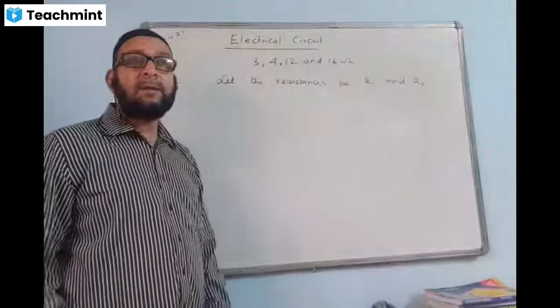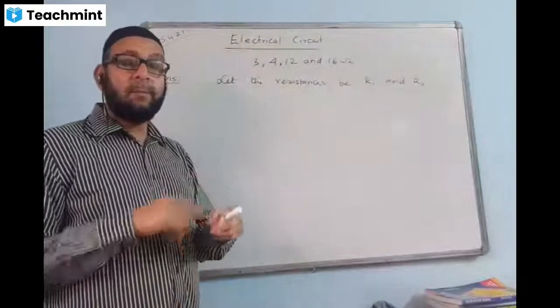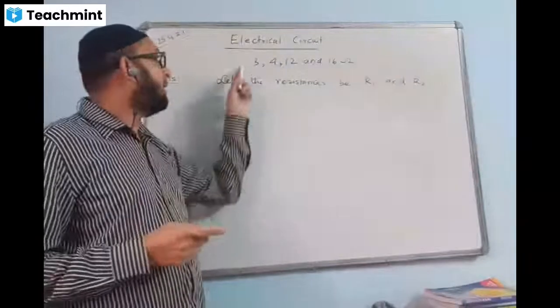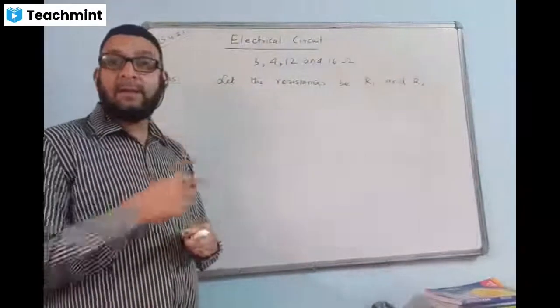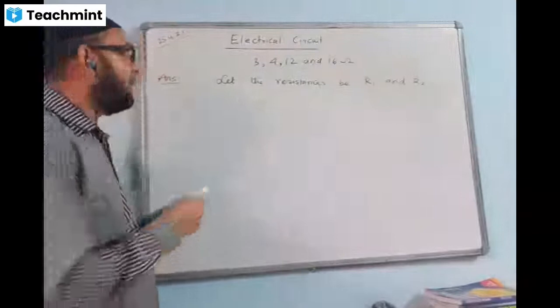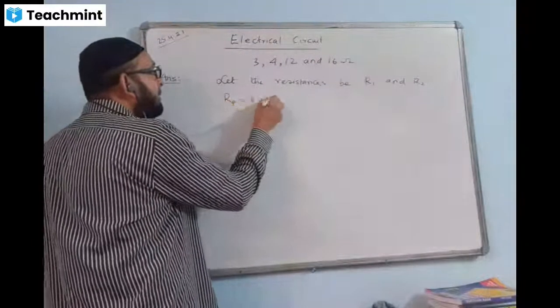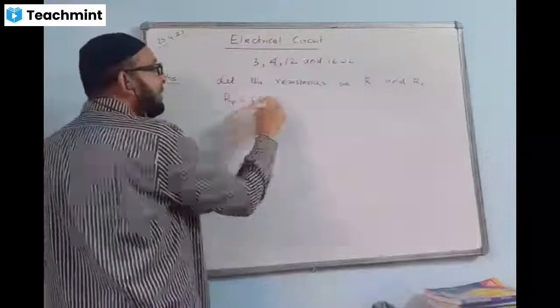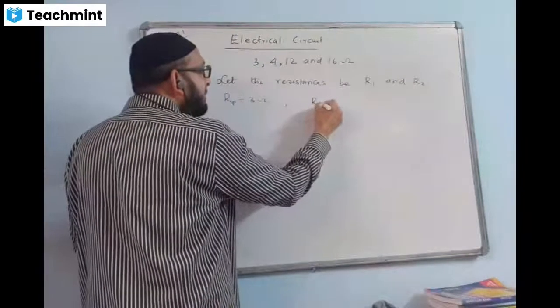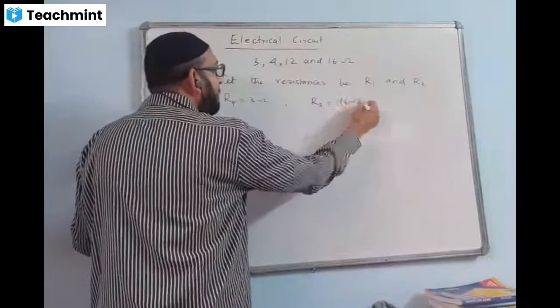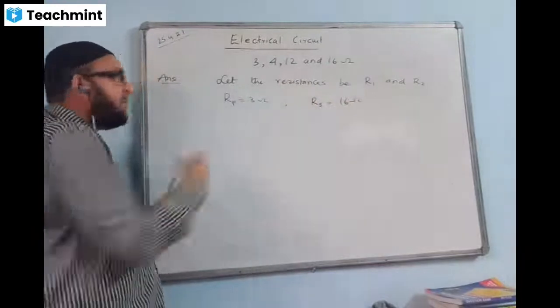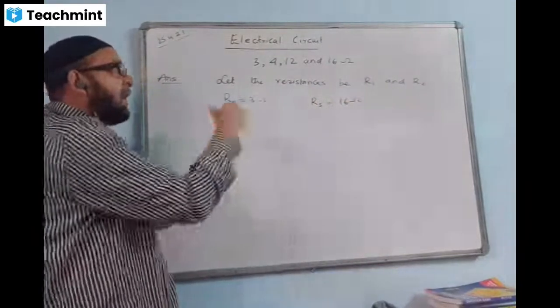Because in series combination, the total resistance is more than the greatest, and in the parallel combination, less than the least. So that means RP we will take as 3 ohm, and the resistance of the series combination is 16 ohm. Using these two, we'll find the values of R1 and R2.